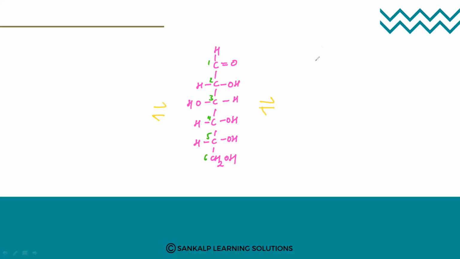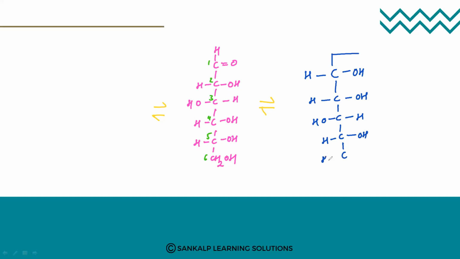So we'll draw the structure. From the fifth carbon, the joining takes place to the first carbon like this: H, OH, H, OH, CH, OH, H, CH, OH, CH, CH2OH.